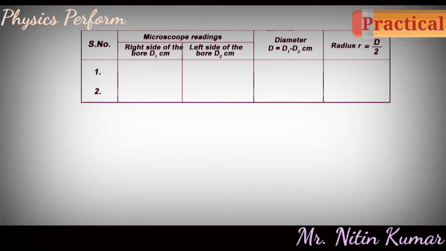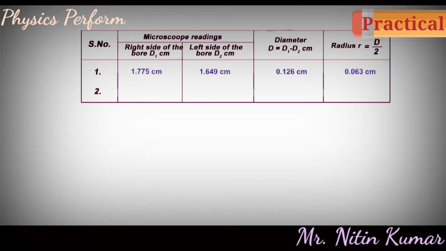The travelling microscope reading, when the cross mark is focused on the right end of the bore, is 1.775 centimeters. The travelling microscope reading, when the cross mark is focused on the left end of the bore, is 1.649 centimeters. The difference between these two values gives us the diameter of the bore, that is 0.126 centimeters, and half of it gives us the radius r, which is equal to 0.063 centimeters.